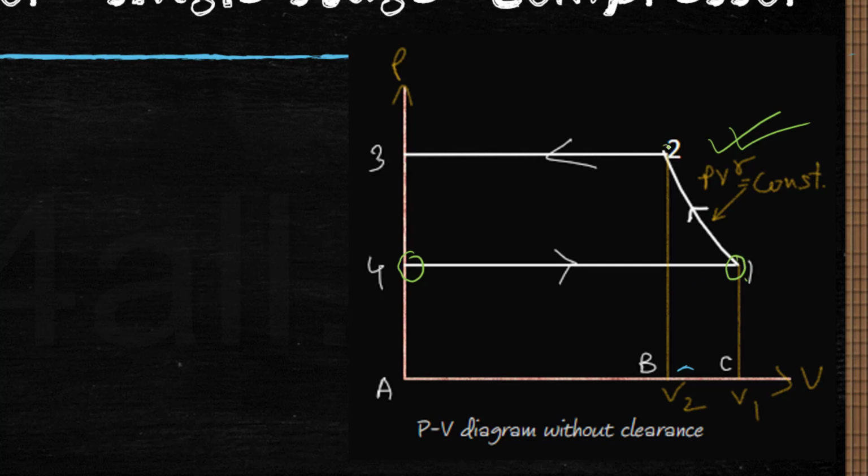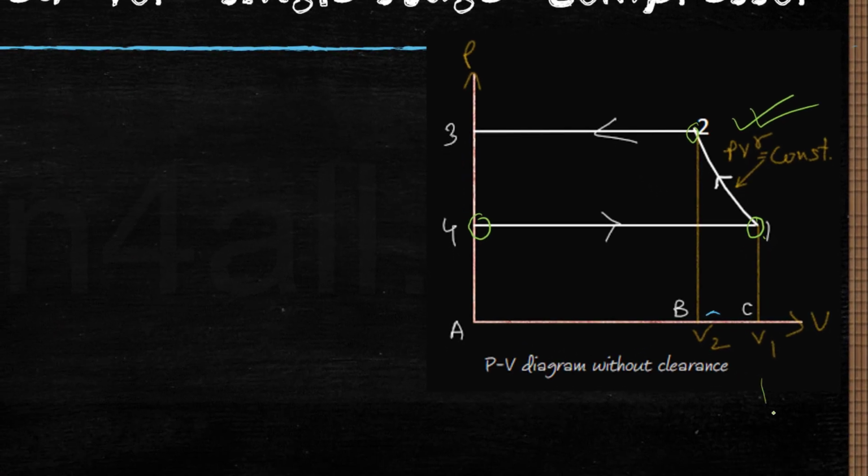1, 2 is compression, which means the piston is moving from BDC to TDC, because there is zero clearance. So TDC is at the top of the cylinder.